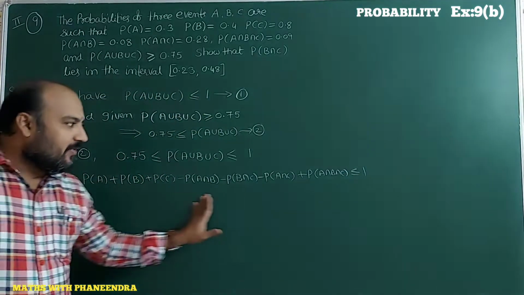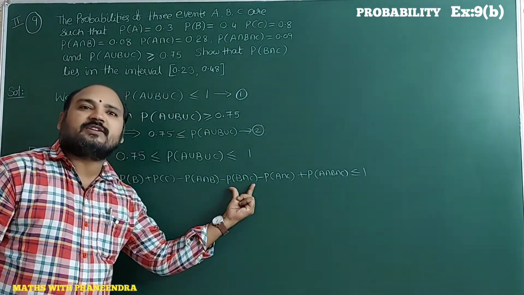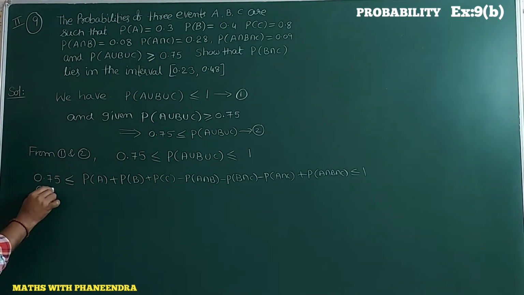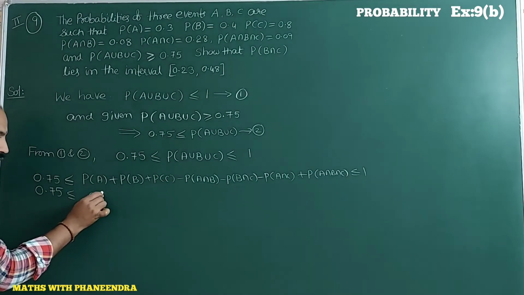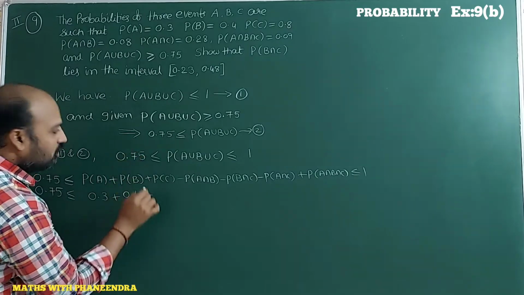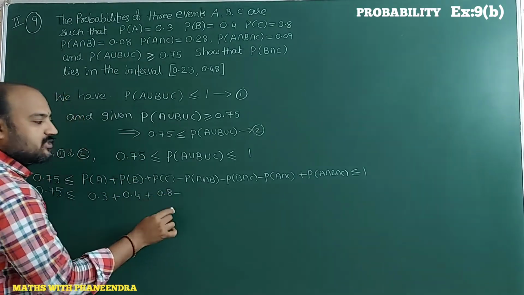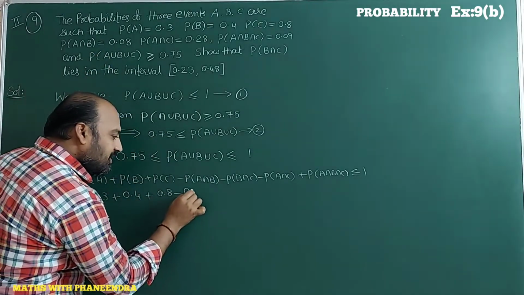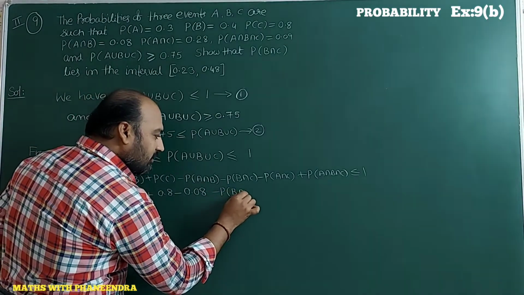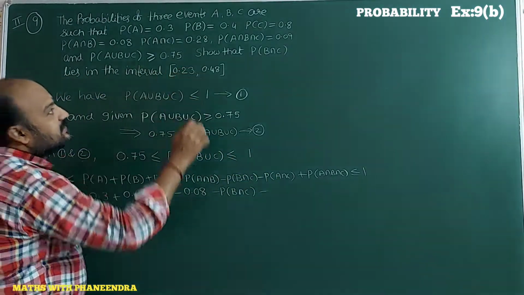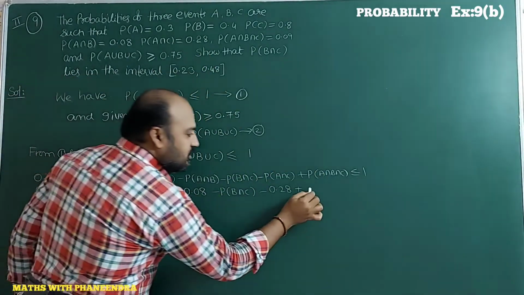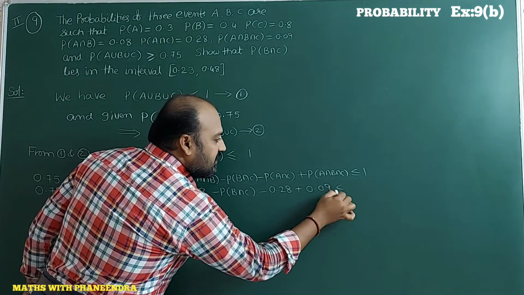Here all the values we have except P of B intersection C. So P of A value 0.3, P of B 0.4, P of C value 0.8, minus P of A intersection B 0.08, minus P of B intersection C, this is the required value, minus P of A intersection C 0.28, plus P of A intersection B intersection C 0.09, less than or equal to 1.